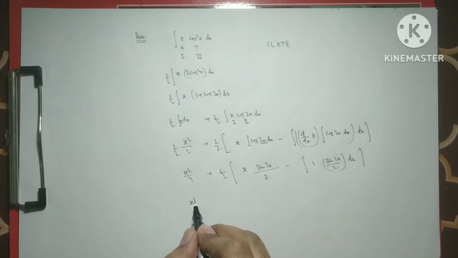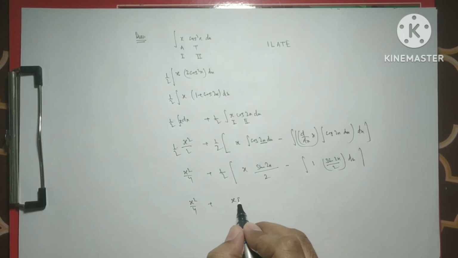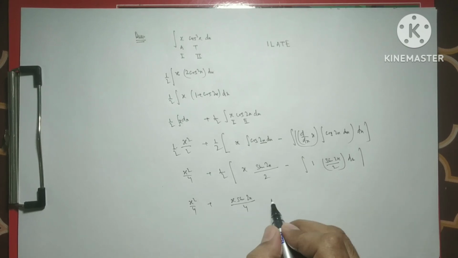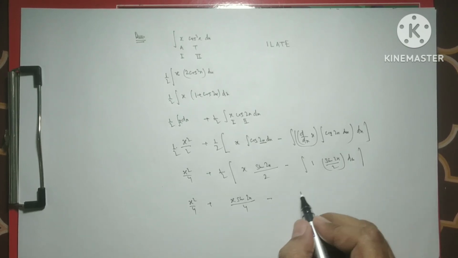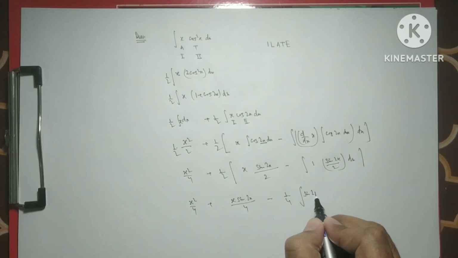Now we have x square by 4, and this is x sin 2x by 4, minus 1 by 4 integration of sin 2x.